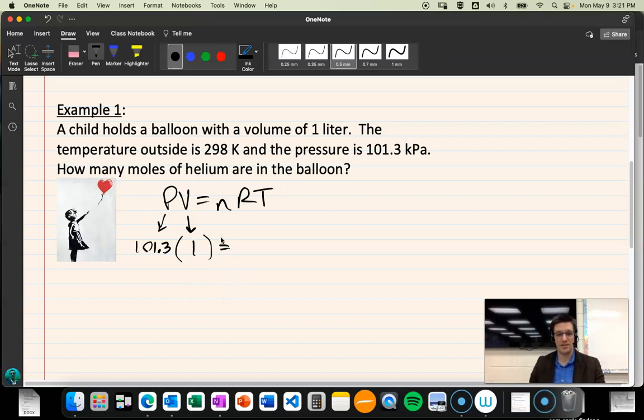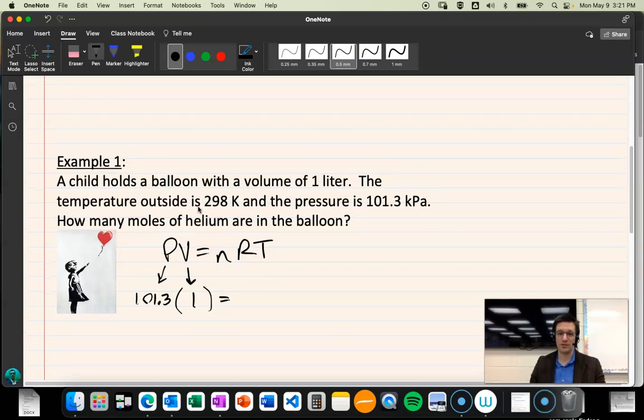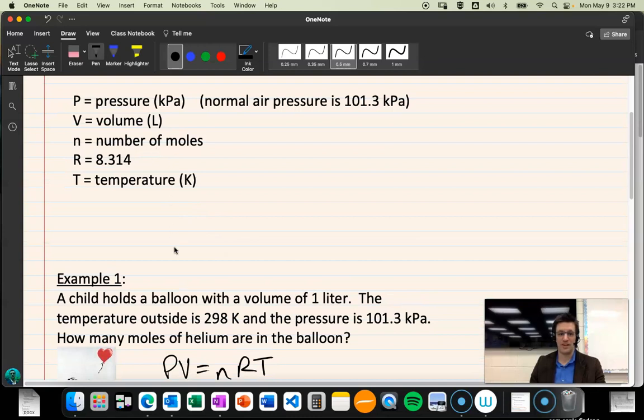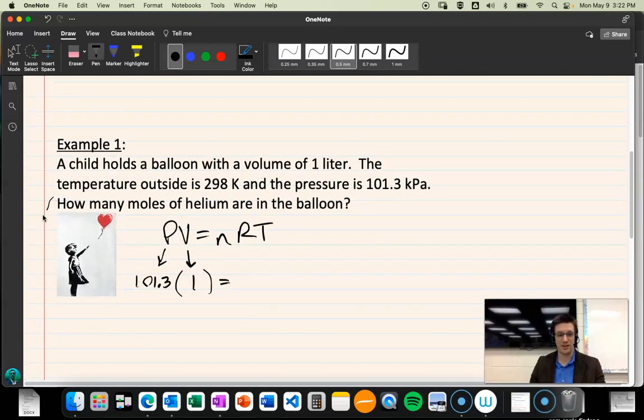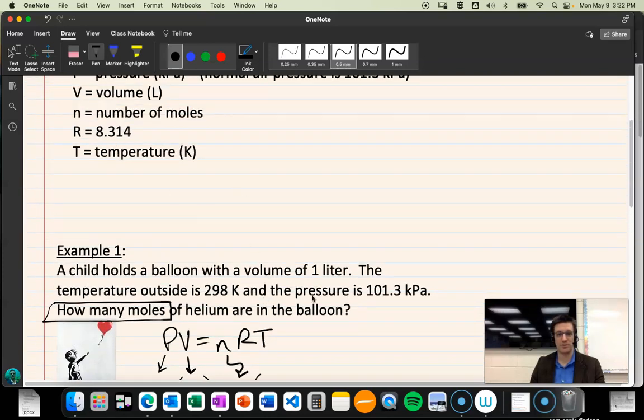Equals n. n is number of moles. Remember up above, that's number of moles, and this question is asking how many moles. So that's our unknown. n is the one that we don't know, so that's just going to stay n, because I don't know what that is yet. That's what I have to solve for. R, we just set up here, R is 8.314.